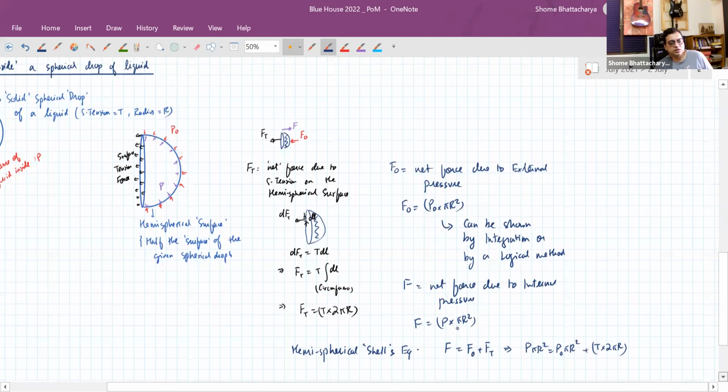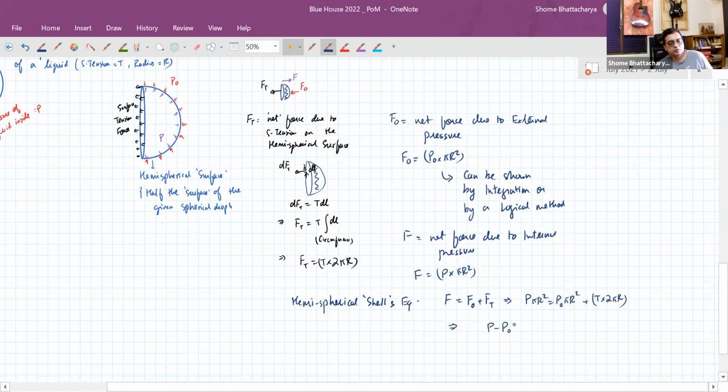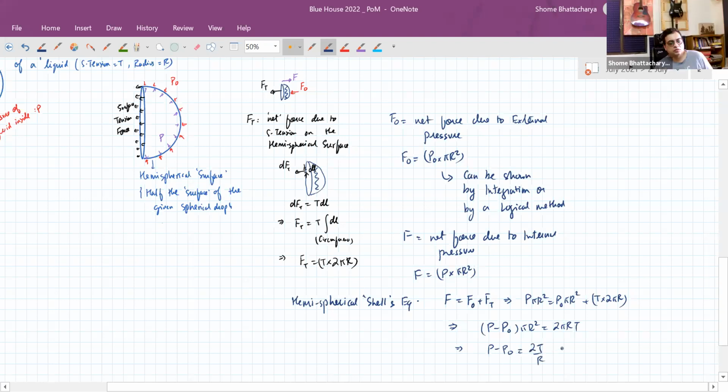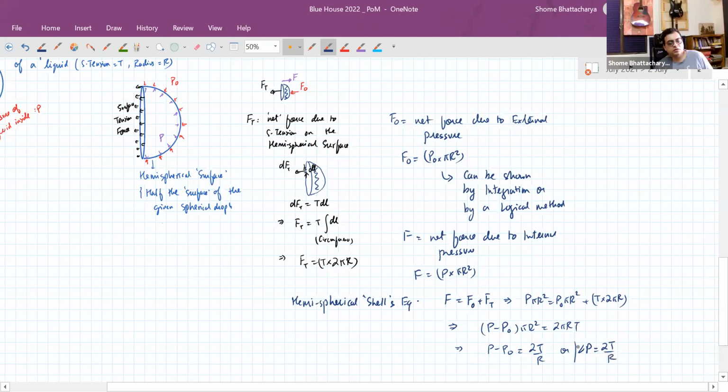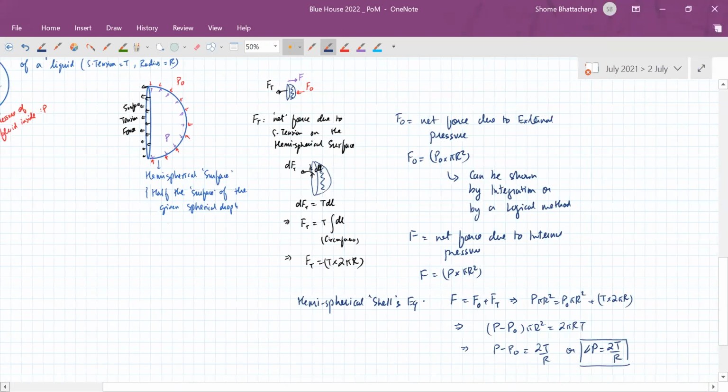So this will give us the result that the excess pressure is 2T by R. I will show you how that force F naught is P naught into pi r square.